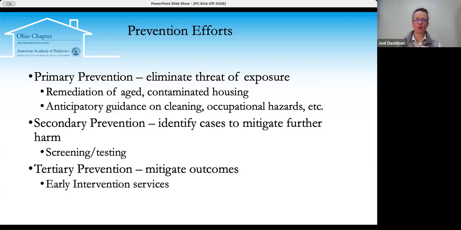And really in that realm, the evidence points to directing kids towards early intervention services, getting them the support that they need, despite this irreversible damage that's been done related to the environmental exposure of lead, getting them into some services that are going to help improve their future. Okay, we can go to the next slide.